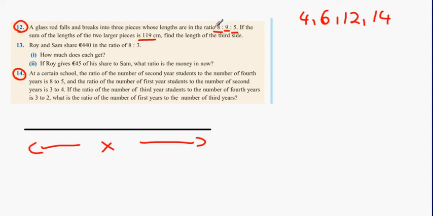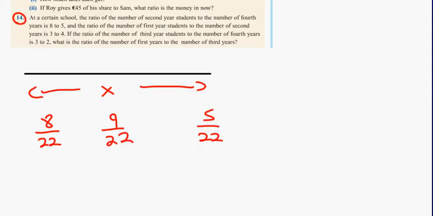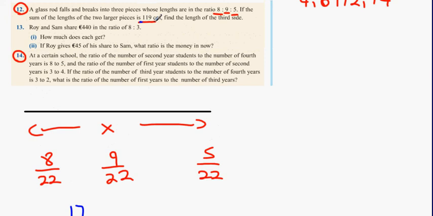Okay, when you add them together, you get 22 parts. So it's going to be 8 over 22, 9 over 22, and basically 5 over 22. When you add the 2 larger parts together, you get 17 out of 22. Now 17 out of 22 is the same thing as 119.